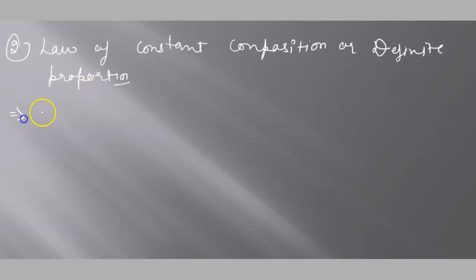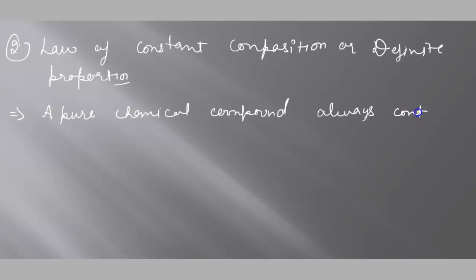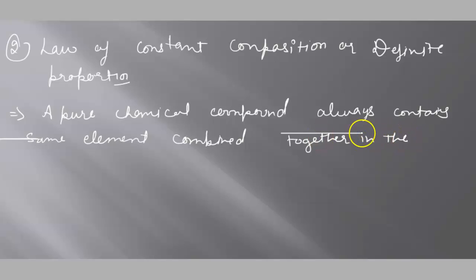Here we can say that a pure chemical compound or substance always contains the same elements combined together in the same definite proportion by weight.